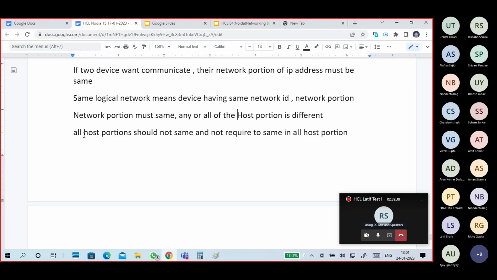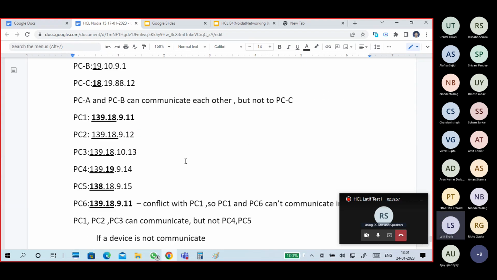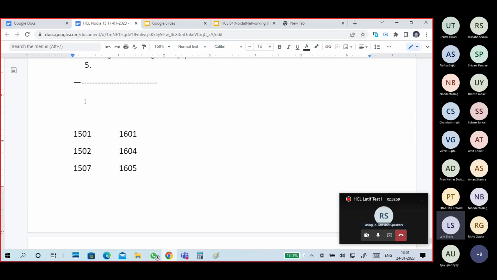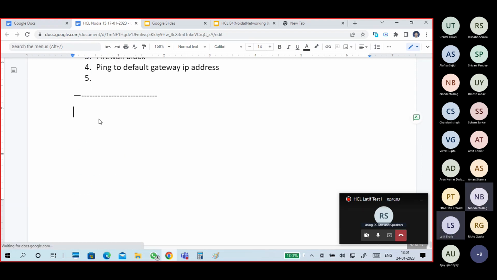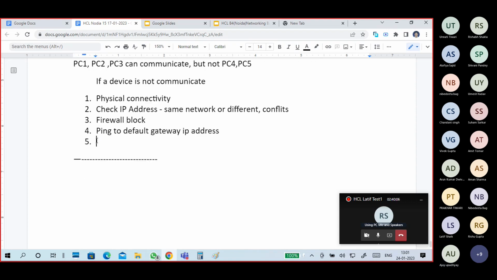All host portions should not be the same, and it's not required that all host portions be the same. Any or all of a host portion can be different. Guys, understand: network portion different, host portion different kind of concept. Yes, sir.